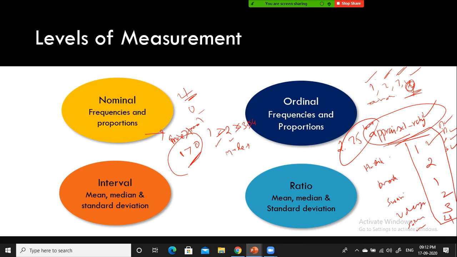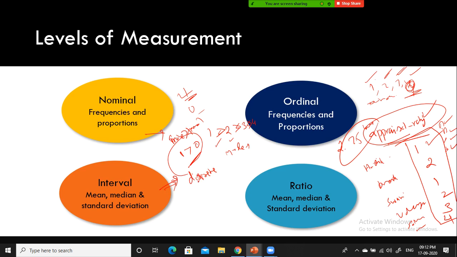The next one is the interval type of variable. Intervals are the distance between two things, the difference between two things. In simple terms, what you should remember is that interval is a kind of discrete variable.